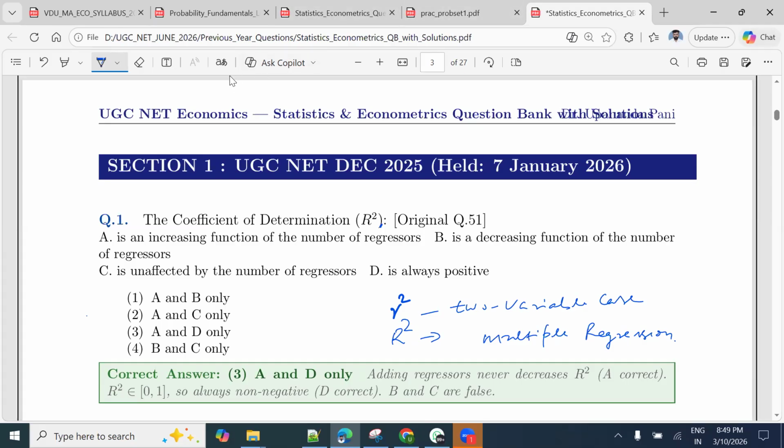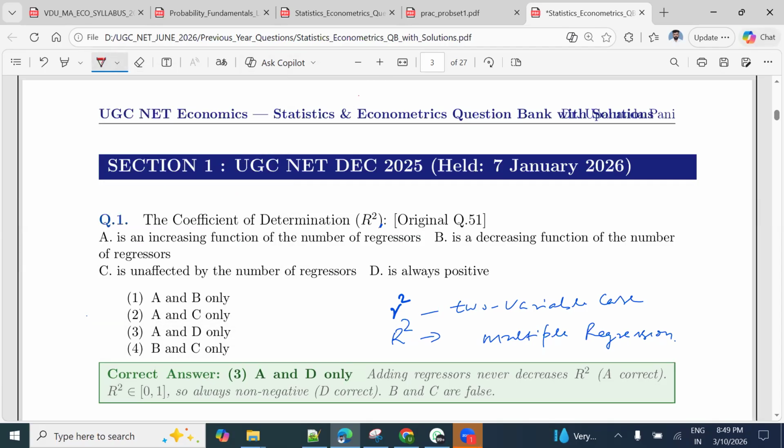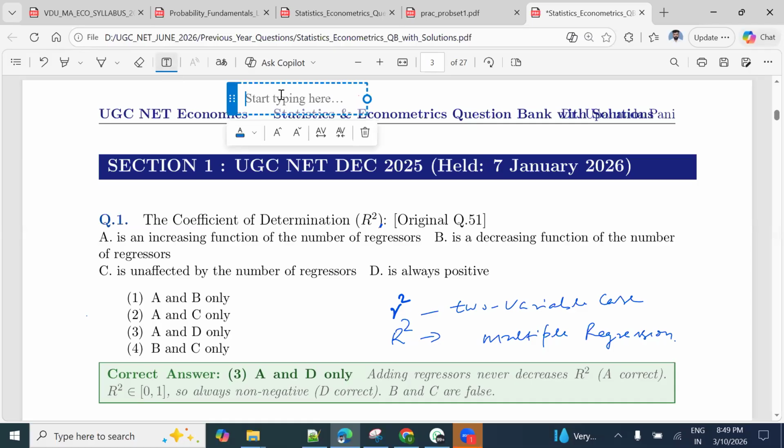Are you writing? Yes, sir. Sir, can you please say it again? R square, the coefficient of determination. Let me write it, okay? One second.